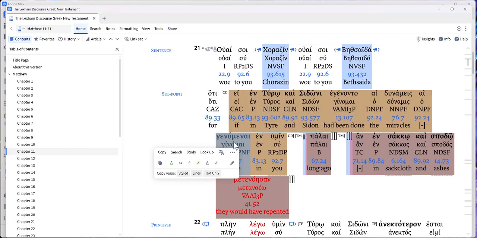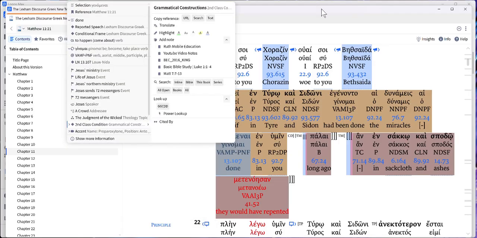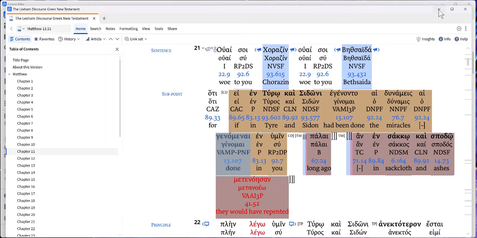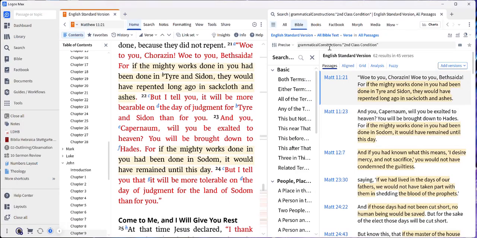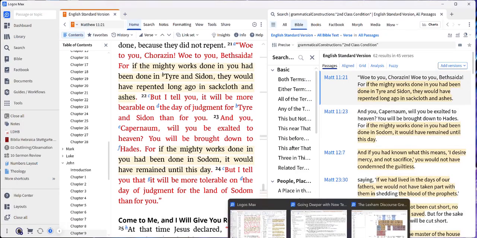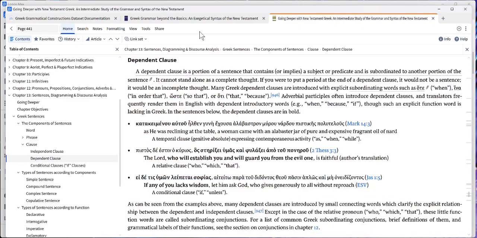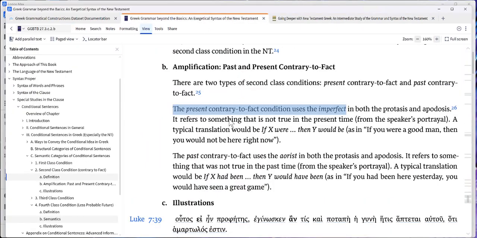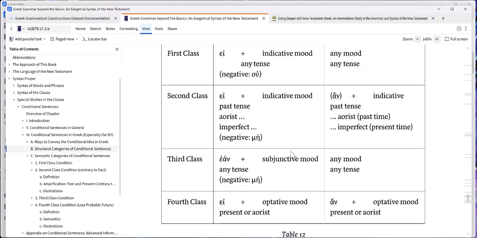So let's come back here to Wallace, and he just gives us a lot of good information. So he's got this whole structure here.